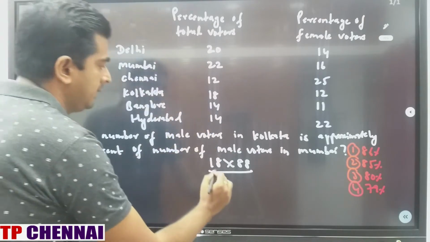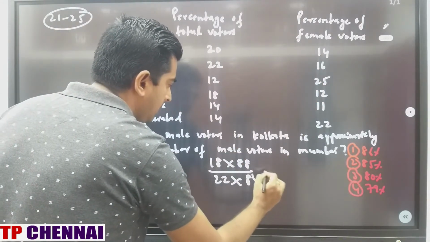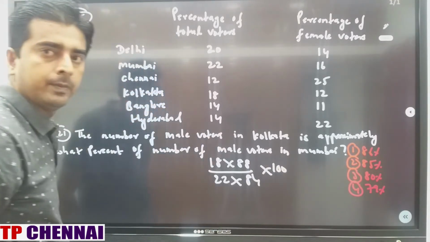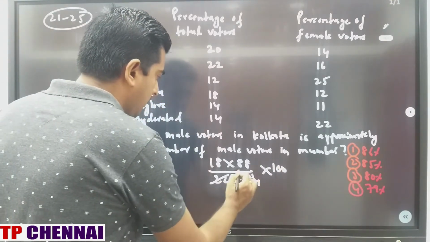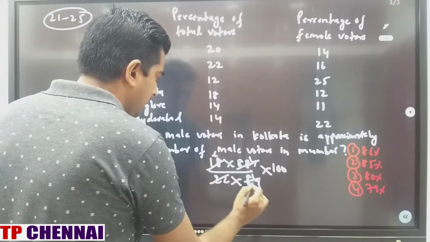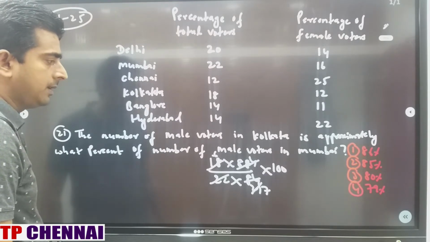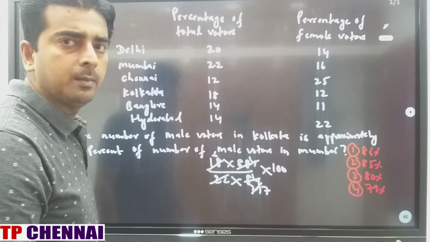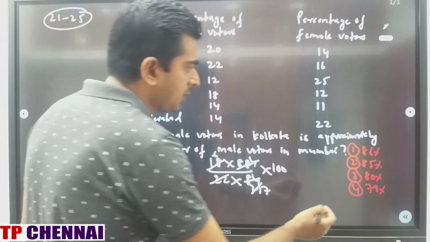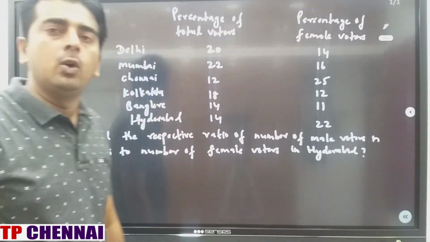Mumbai, what is the value? 22 into 100 minus 16, 84 into 100. Right? That comes to 14.28 into 6, more than 85. So what is the answer directly? Approximately 86% is the answer. So I hope you are clear with 21.